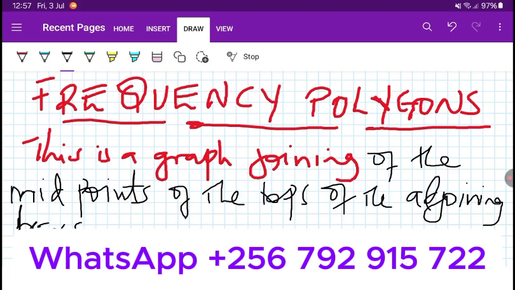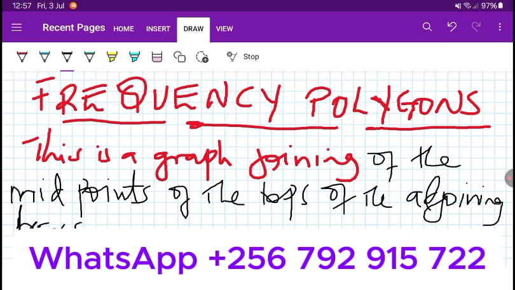When you connect the first and then the last, it is always going to be at a zero frequency because we are connecting to the horizontal axis. And remember, we said when you are drawing our graphs, we always draw these graphs with a scale starting from 0. That's why it will be at a zero frequency for us to be able to complete the frequency polygon.